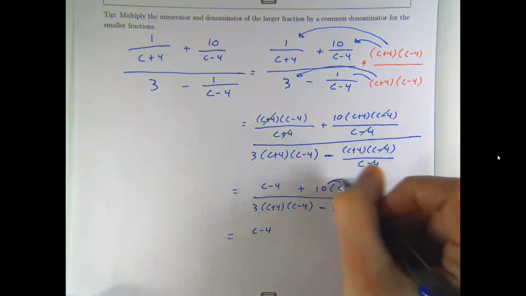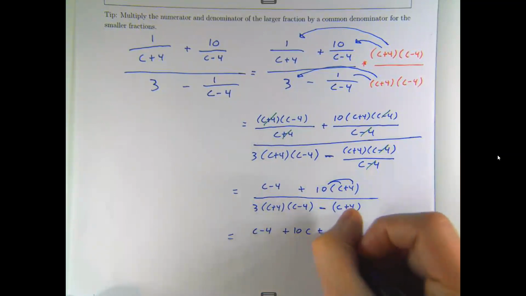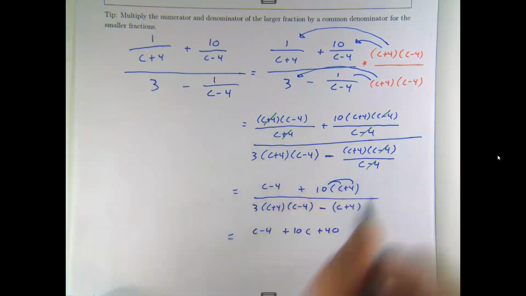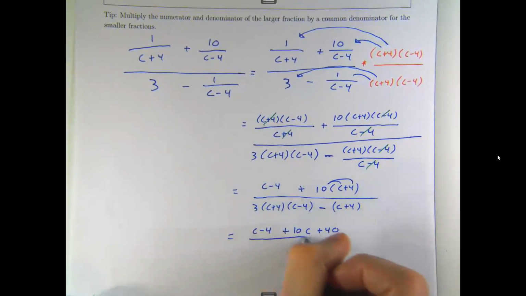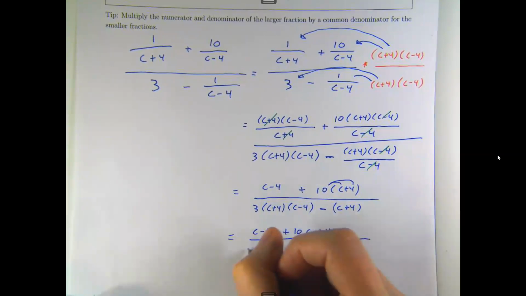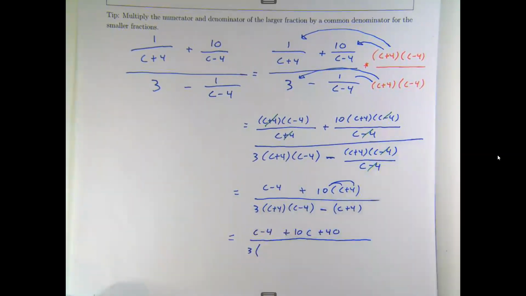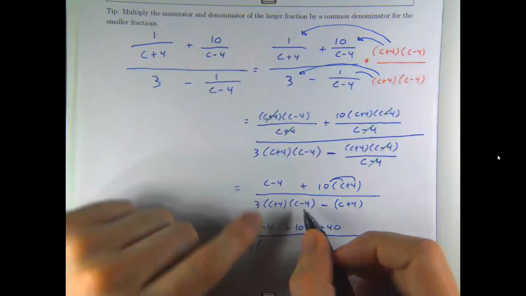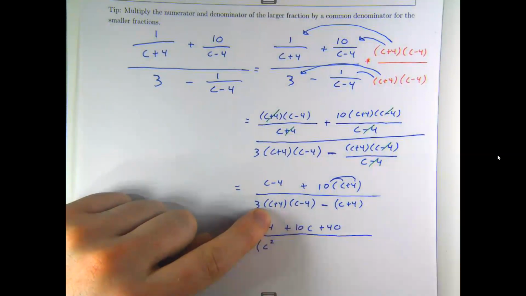Multiplying out that 10 is going to give me plus 10c plus 40. 10 times 4 is 40. On the bottom, I'm going to start by multiplying out the c plus 4 and the c minus 4. This is a difference of squares. So I have c times c is c squared.